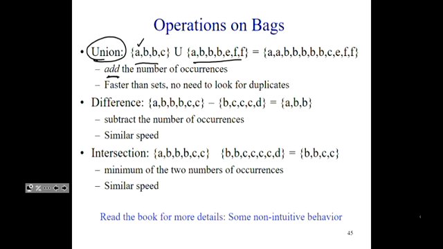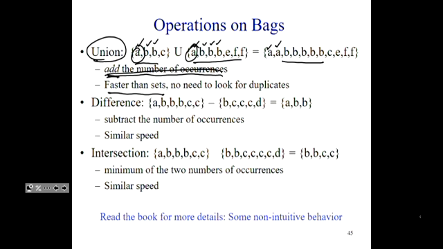You have one occurrence of A here, one here, so you have 2 copies of A. You have 2 copies of B here, 3 here, so you have 5 copies of B, and so on. So the union on a bag, in the bag algebra case, is basically that you add the number of occurrences. Once again, this is faster than sets because you don't need to check whether this is a duplicate of that and retain only one copy of it.